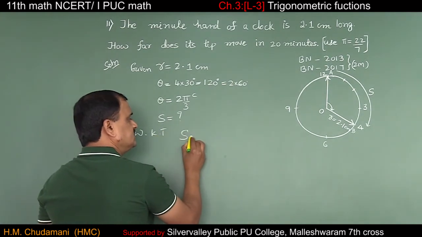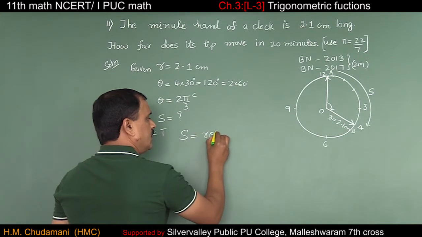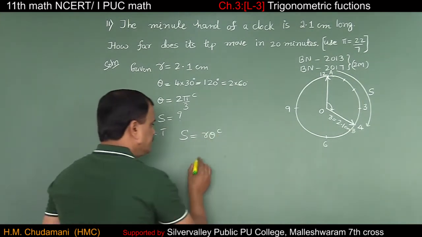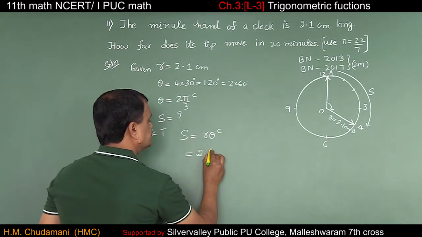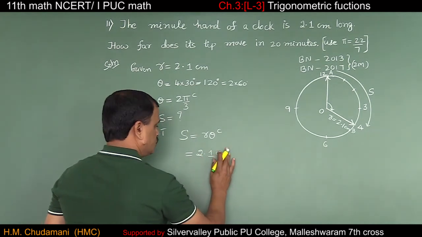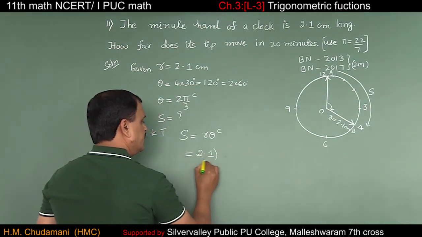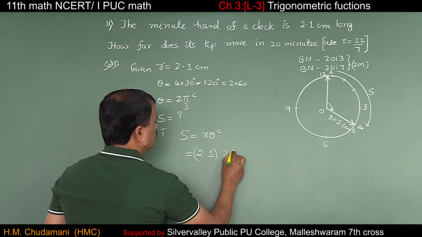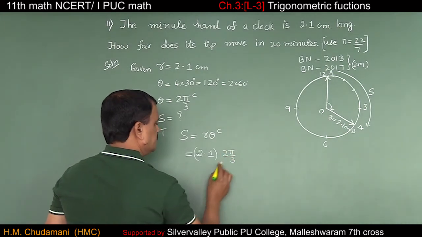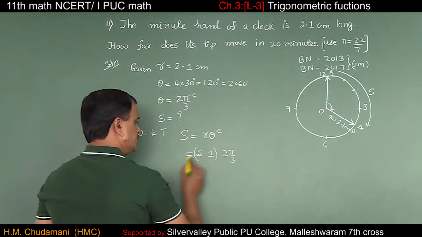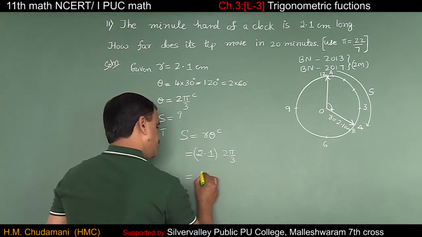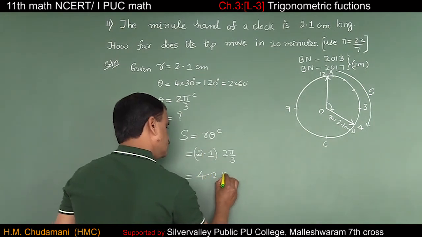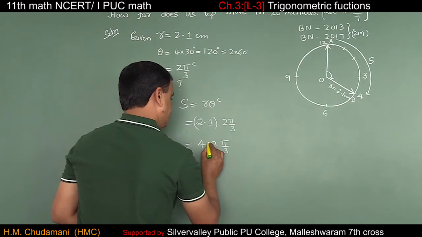the arc length S is equal to R into theta radian. So that is R 2.1 centimeter, 2.1 into 2 pi by 3. Okay, so simplify this. 2 into 2.1, 4.2 pi by 3.